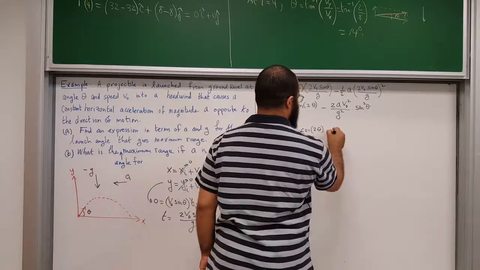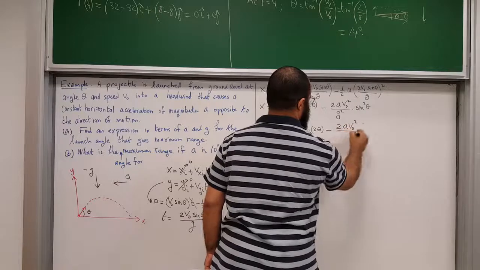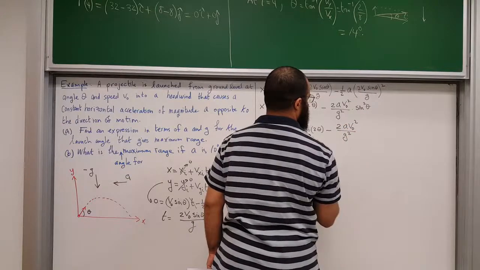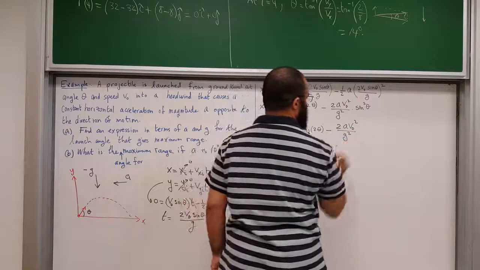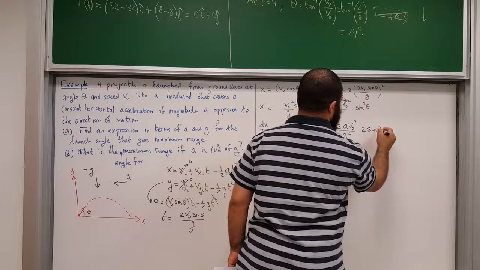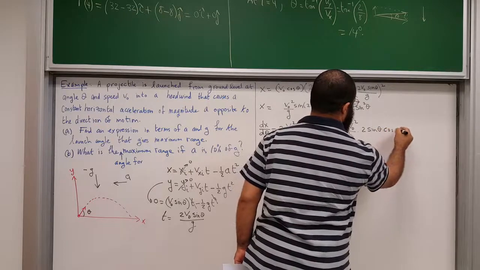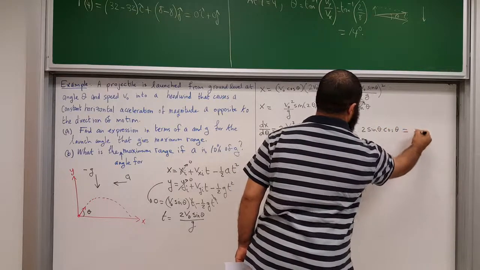And then here I have minus 2a v initial squared divided by g squared. And then what's the derivative of sine squared? Well, it's 2 sine theta, and then the derivative of sine is cosine, right? And then you set this equal to 0.